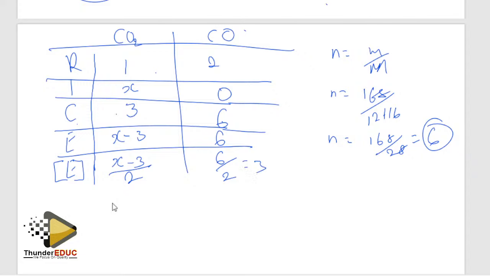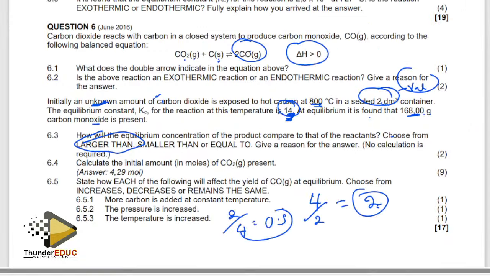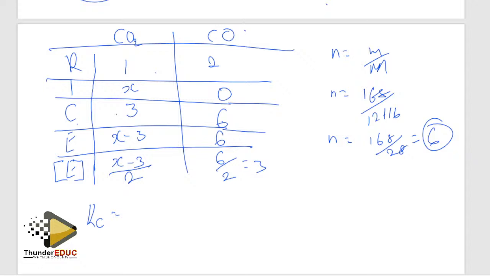So now after that I can apply Kc. Kc is going to be equal to what? I find out where it is. Yeah, the Kc they said is 14.